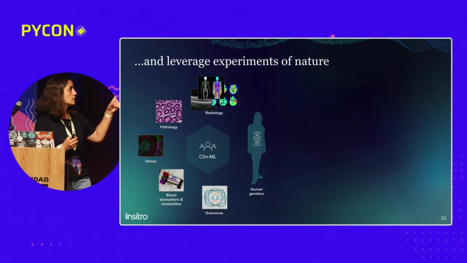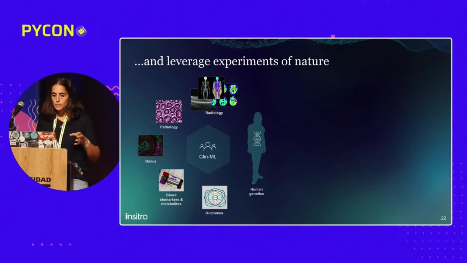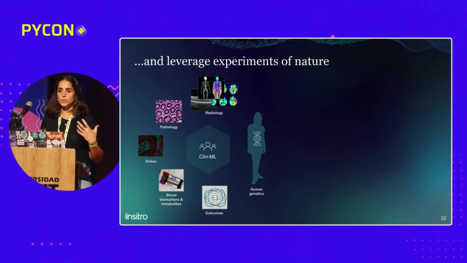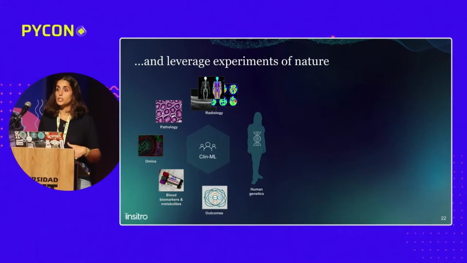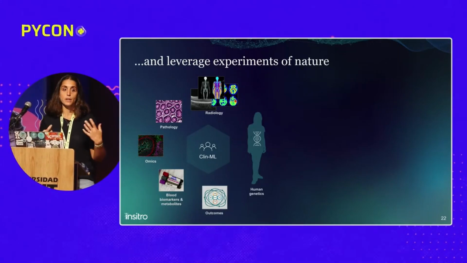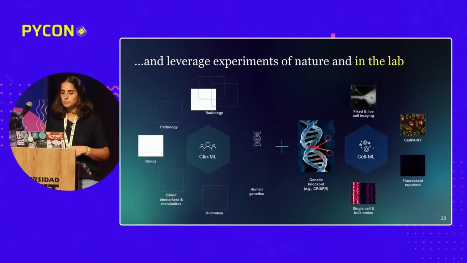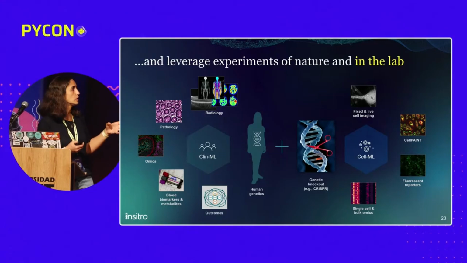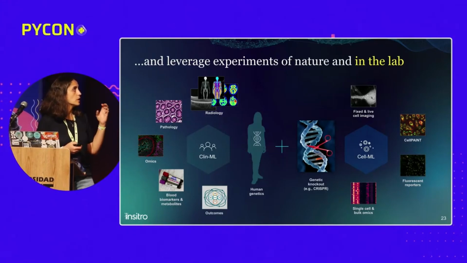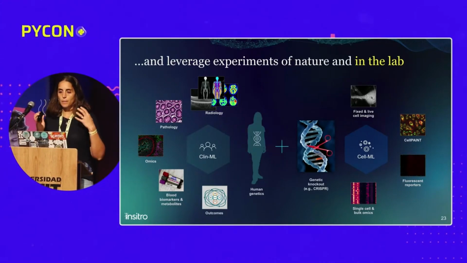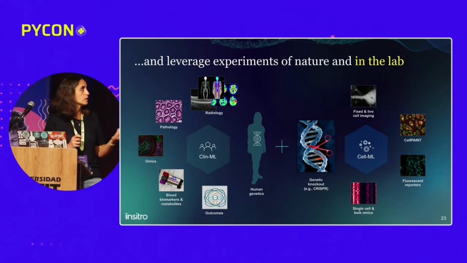We integrate these with human genetics, because it has been shown that drugs that have human genetic support have a higher probability of making it into the clinic. And then we build conviction around our targets by doing specific knockouts.